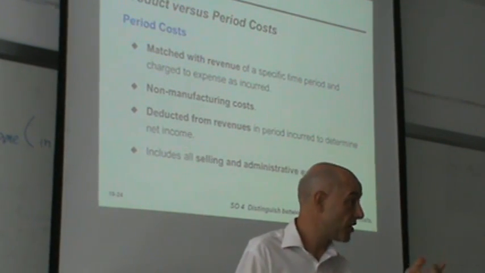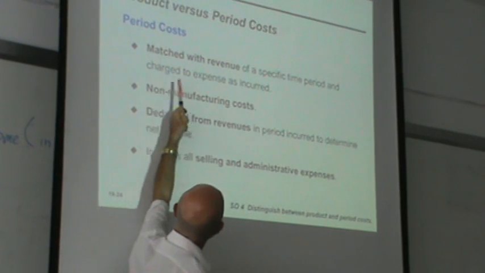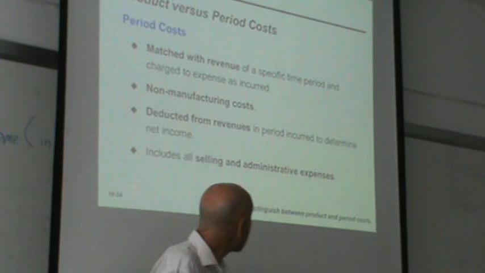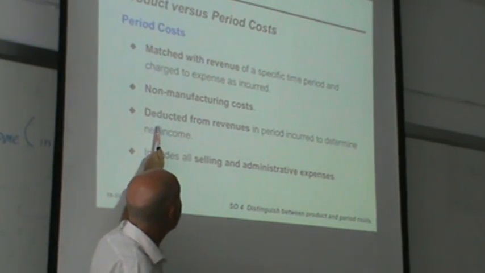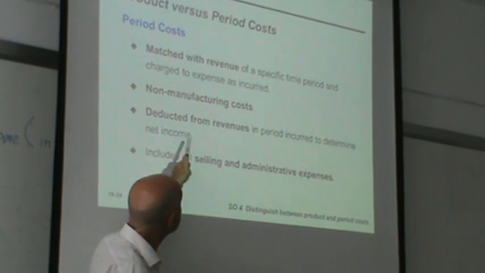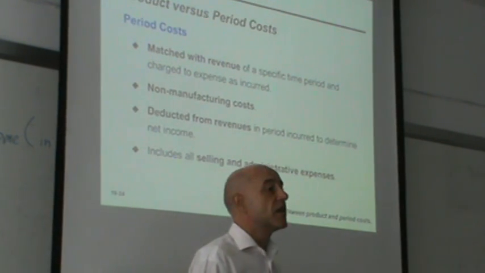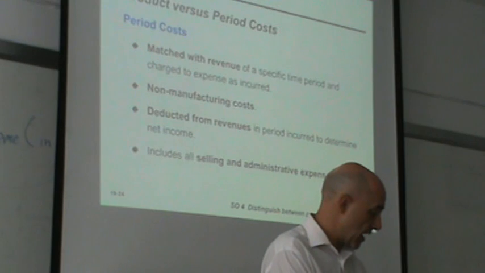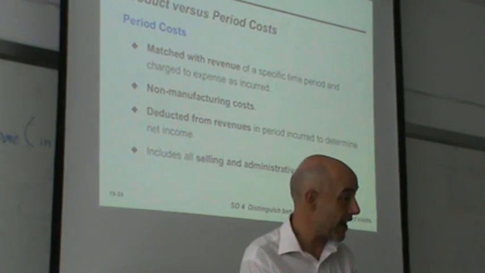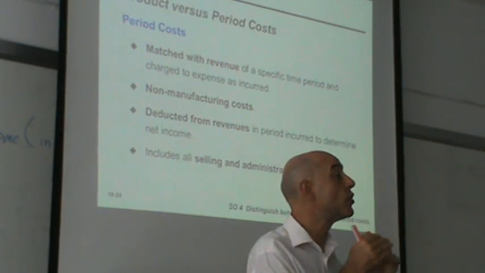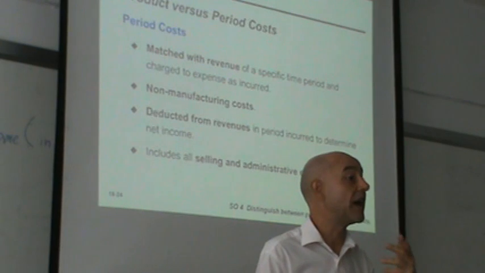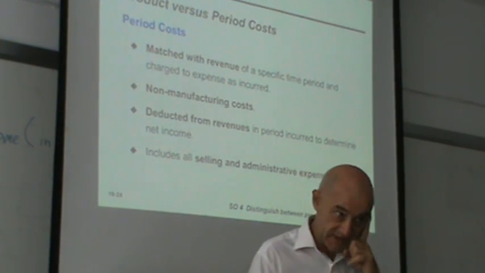And if it's a period cost, you match it with a revenue, and then you subtract it from the revenue in the period. So if you have a November salary for the accountant, you subtract it from the November revenue. Okay, so it becomes a direct expense.